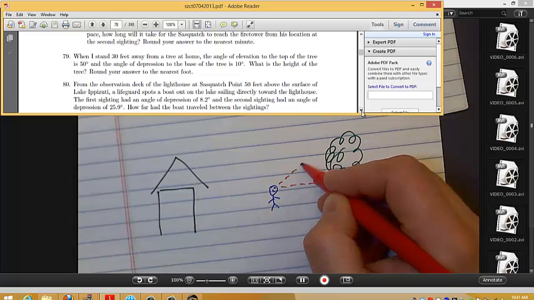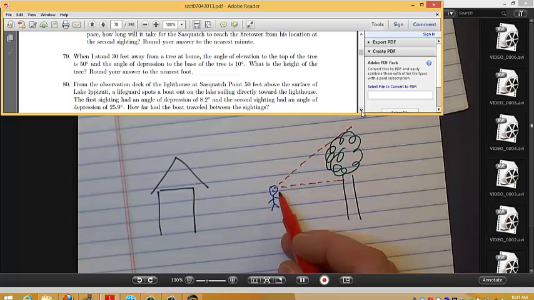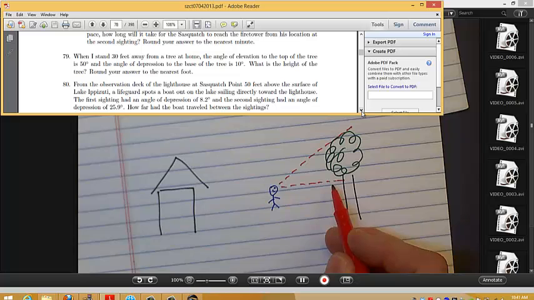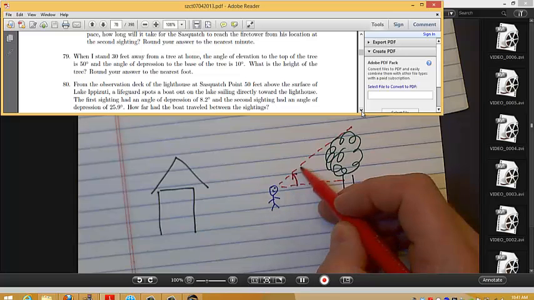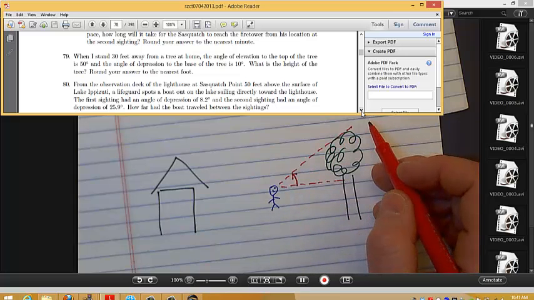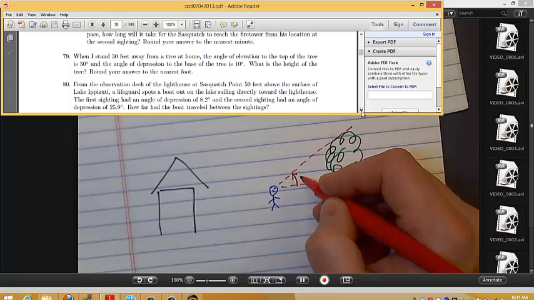The idea is that if I were to look horizontal and then rotate my eyes up until my line of vision just touches the top of the tree, that angle there, it says, is 50 degrees.